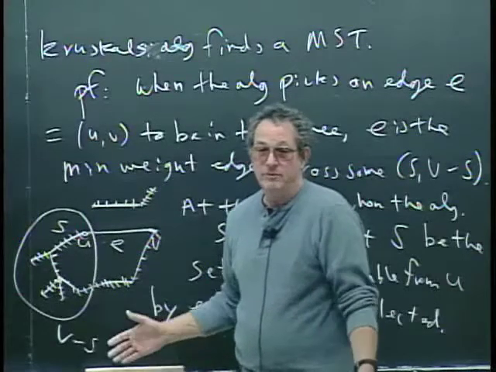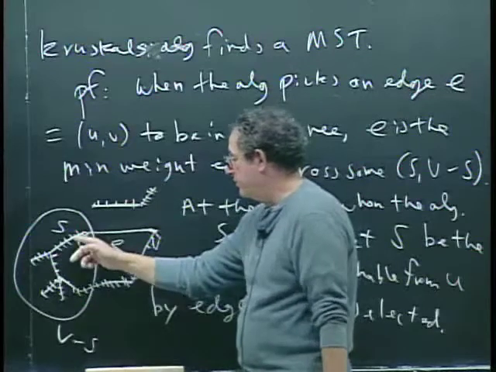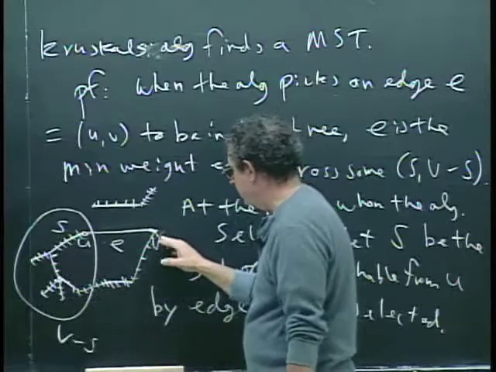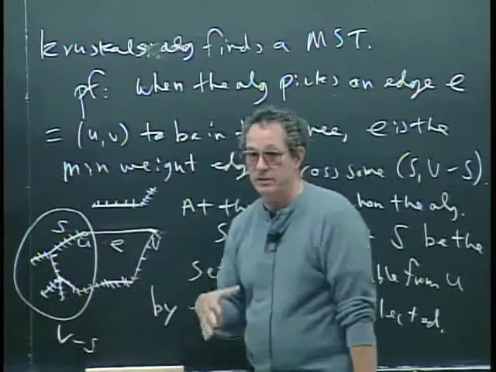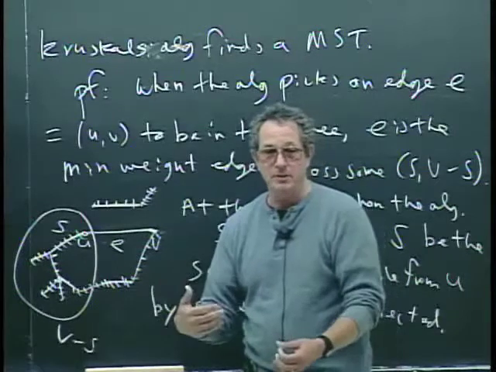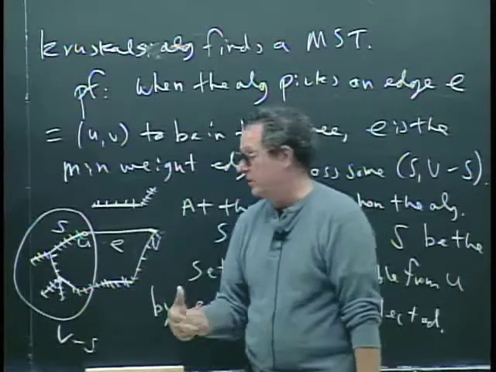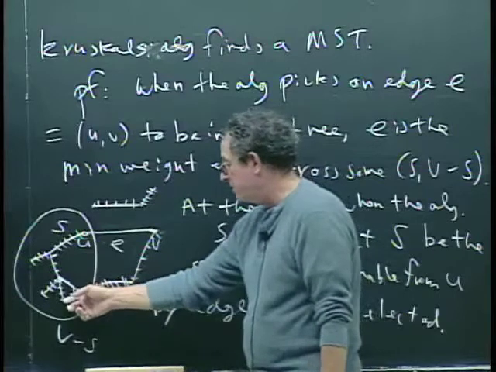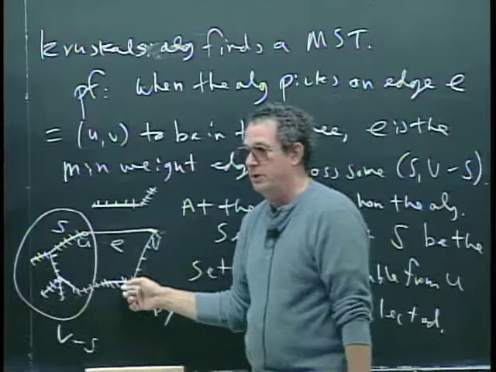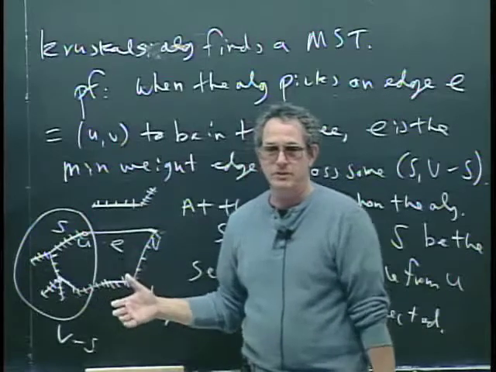Yeah, by the definition of S. S was everything that you could reach from U. And V minus S is everything that's not reachable from U. It's the complement of S. So if there was an edge that went from S to V minus S, that other endpoint would be in S. It's contradicting the definition of S.